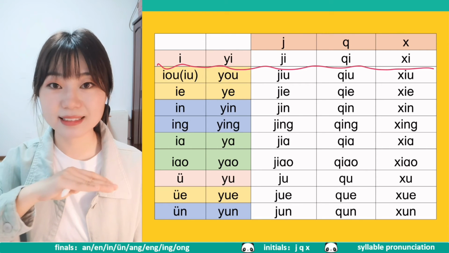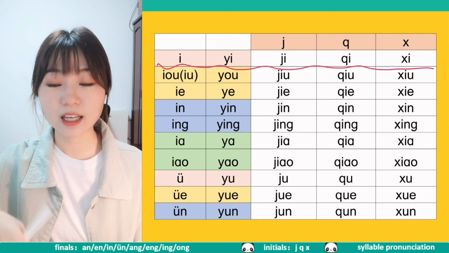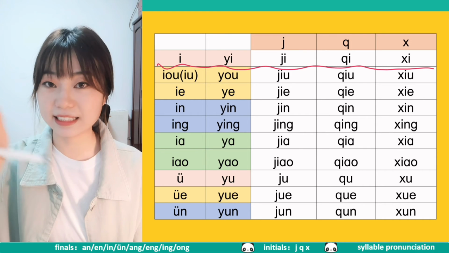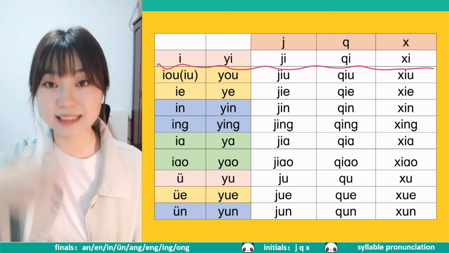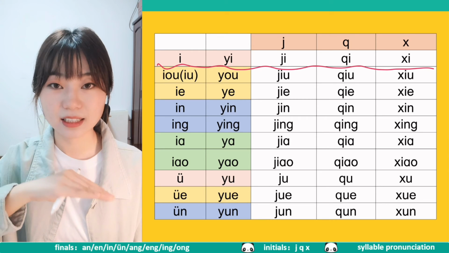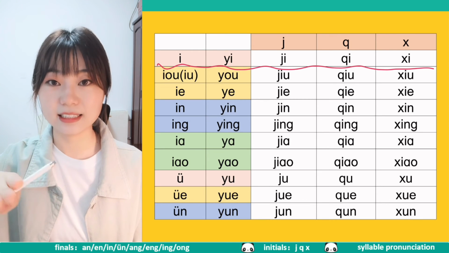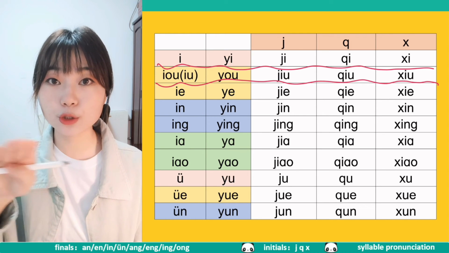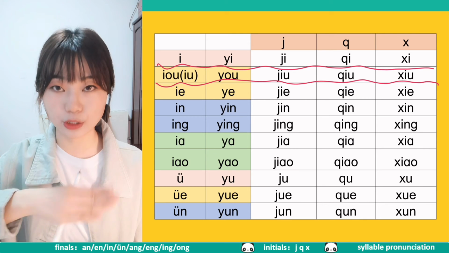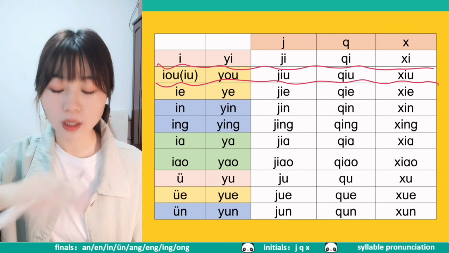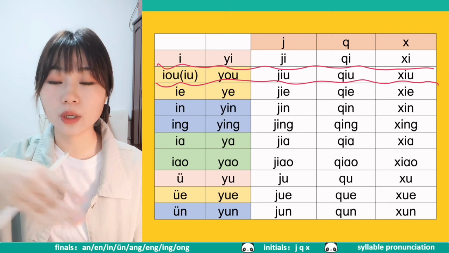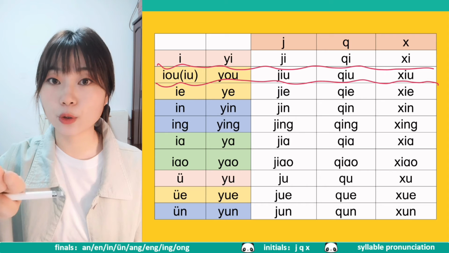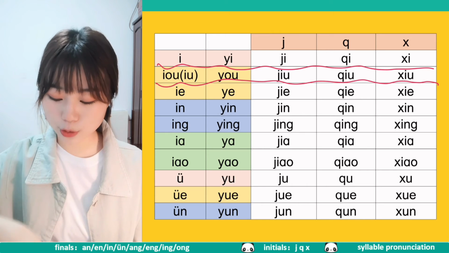ji, ji, ji, ji, and qi, qi, qi, qi, xi, xi, xi, xi. And the next one, jiu, jiu, jiu, jiu, qiu, qiu, qiu, qiu, xiu, xiu, xiu, xiu.